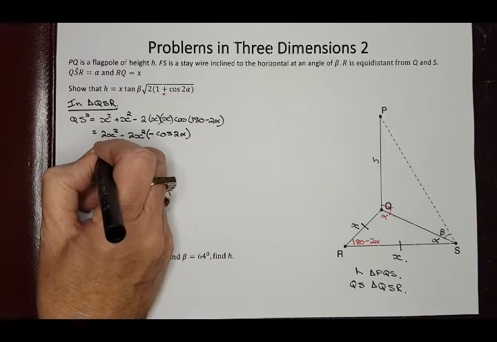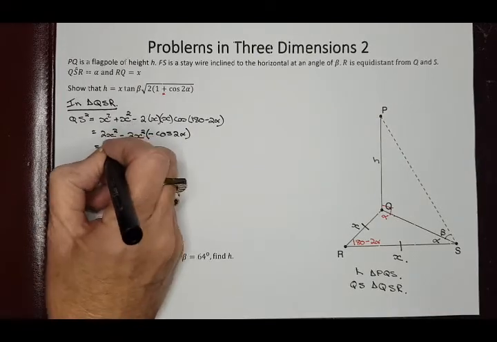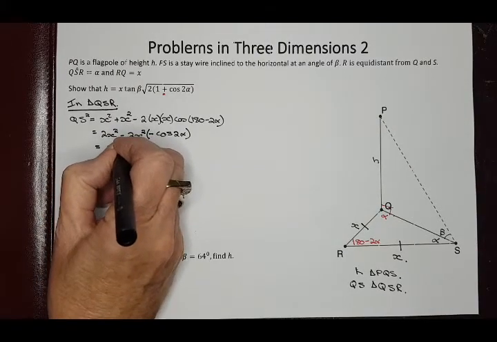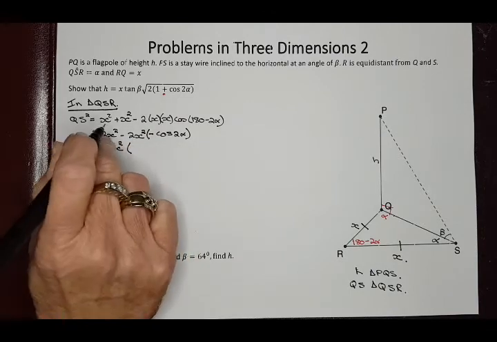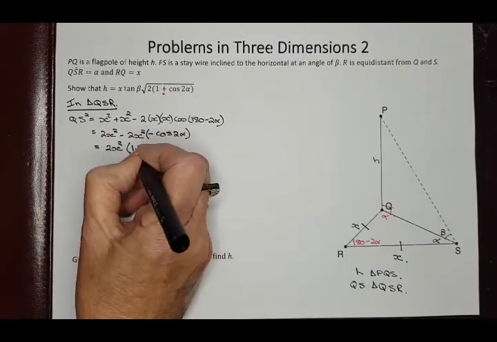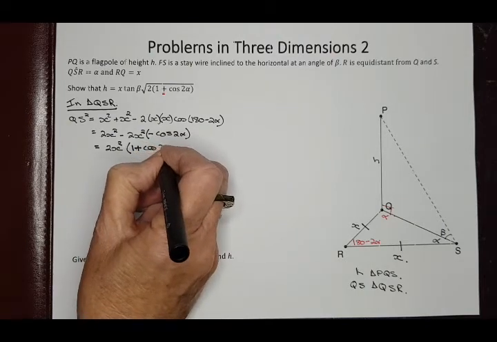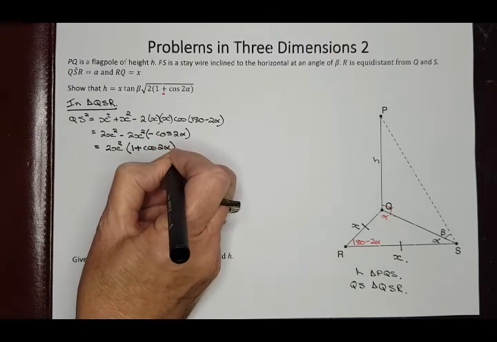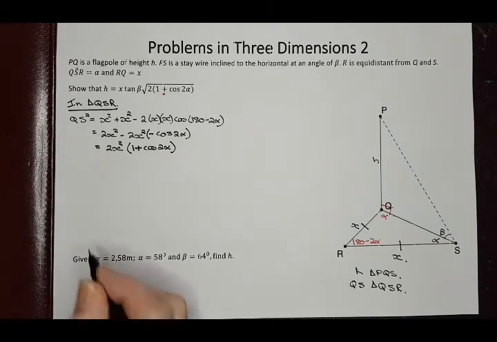So here I have a common factor of 2x squared. It goes into itself once. Minus times a minus is going to give me a plus cos of 2 alpha. That is the value for QS squared.